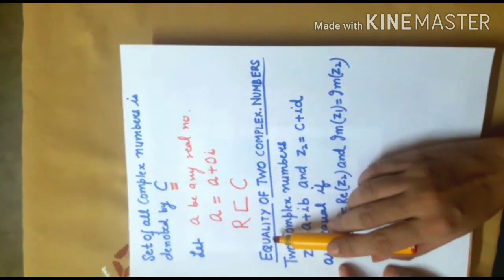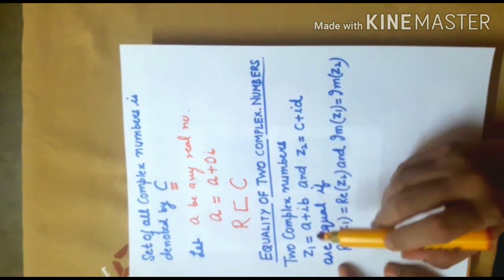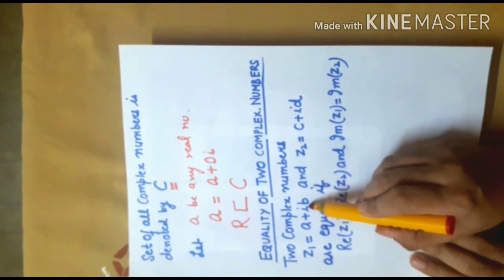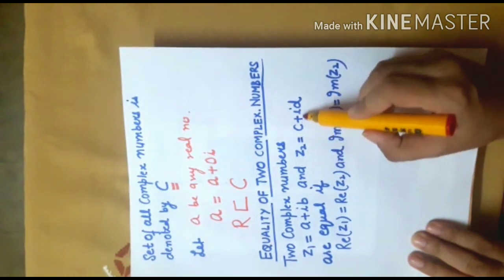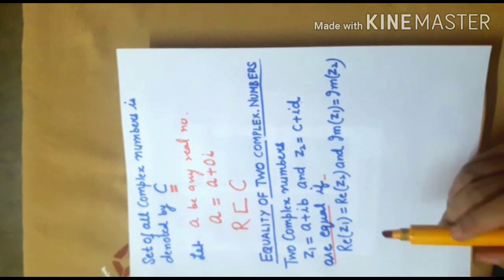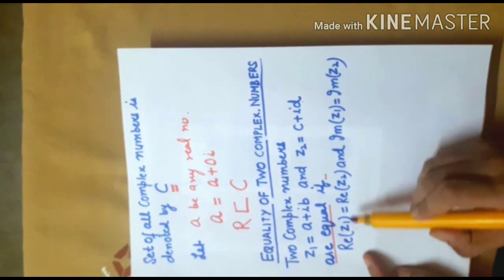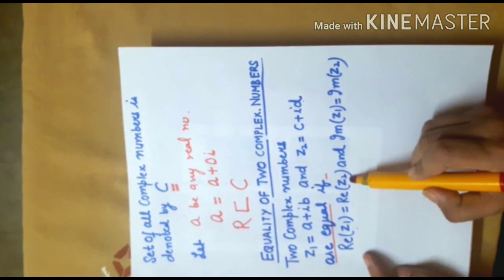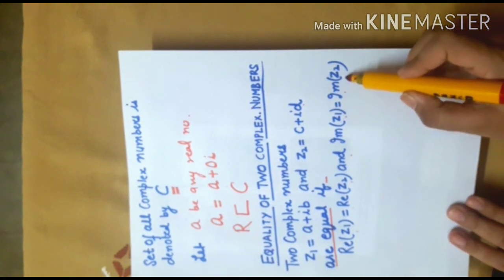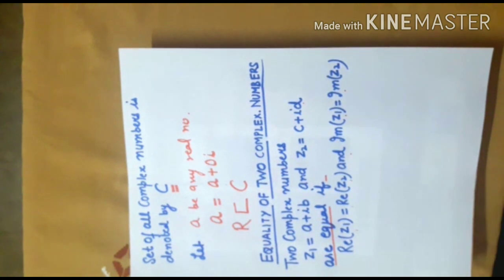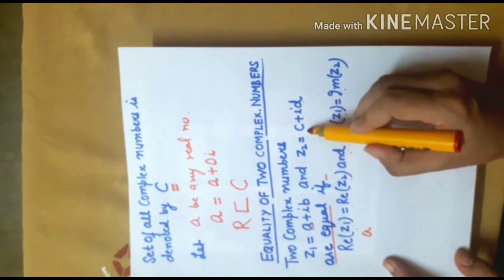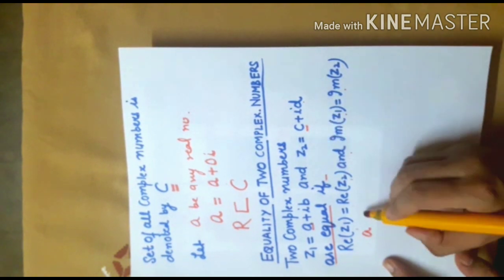Yes. Now, equality of two complex numbers. Two complex numbers z1 equals a plus iota b and z2 equals c plus iota d are said to be equal if the real part of z1 is equal to the real part of z2 and the imaginary part of z1 is equal to the imaginary part of z2. That is, the real part of z1 is a and the real part of z2 is c.